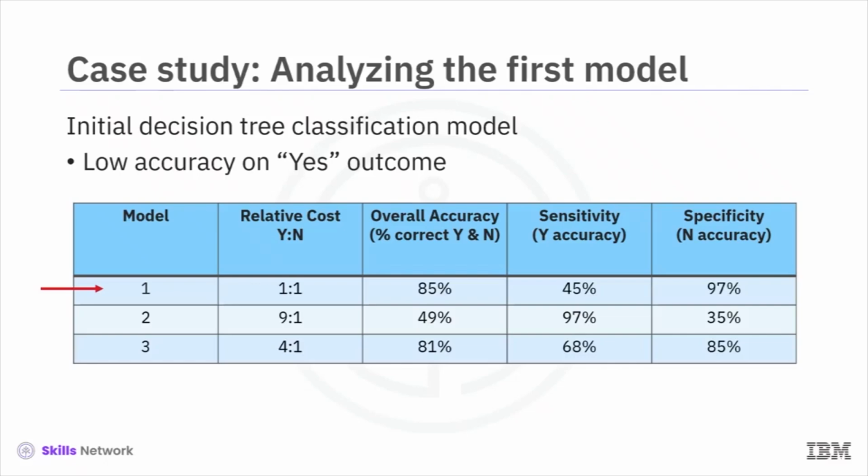This sounds good, but it represents only 45% of the yes. The actual readmissions are correctly classified, meaning that the model is not very accurate. The question then becomes, how could the accuracy of the model be improved in predicting the yes outcome? For decision tree classification, the best parameter to adjust is the relative cost of misclassified yes and no outcomes.